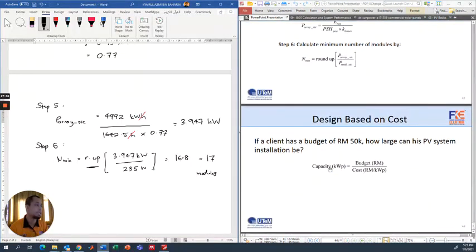Okay, I just want to cover a bit on design based on cost. This one is the most straightforward. We simply divide the budget by the cost to install a 1 kilowatt system. Now I introduce you to this term here, kilowatt peak, kWp. P here stands for peak.